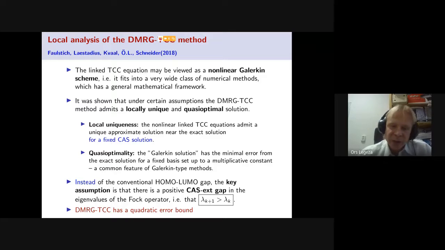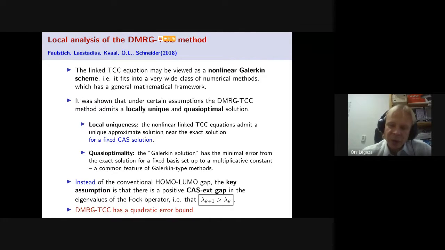And there are two important results that it provides for a fixed CAS solution. So it's important that first we fix the CAS space, and once the CAS space is fixed, then it provides a unique approximate solution, and it also provides the minimal error from the exact solution for a fixed basis set. And all these assumptions are based on the fact that we assume that the Fock operator has a so-called CAS-external gap.